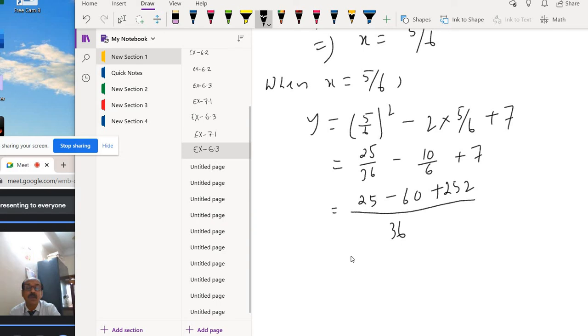Now this equal to 252 plus 25 is 277, now minus 60, 217 by 36.